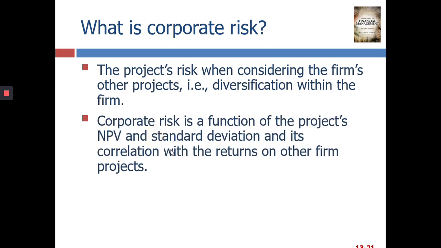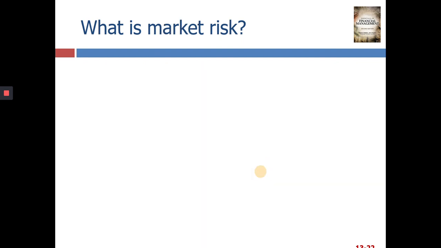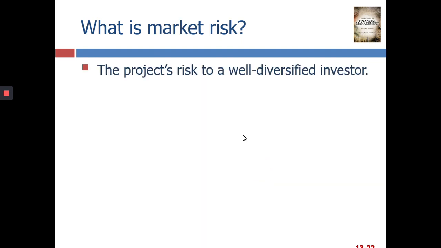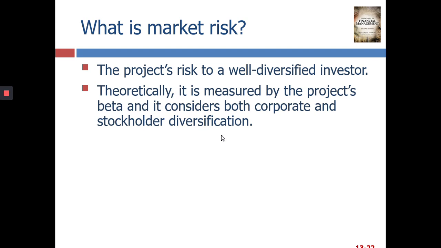Corporate risk is a function of the project's NPV, its standard deviation, and its correlation with the returns of the firm's other projects. For market risk, you consider a well-diversified investor. A well-diversified investor means they don't invest in a single project; they have invested in multiple projects. Theoretically, it is measured by the project's beta and considers both corporate and stockholder diversification.